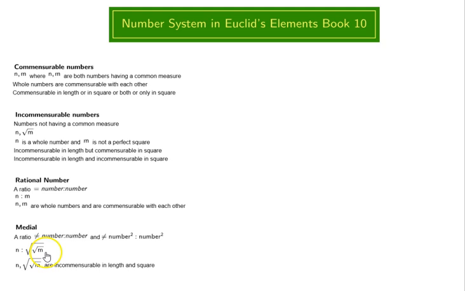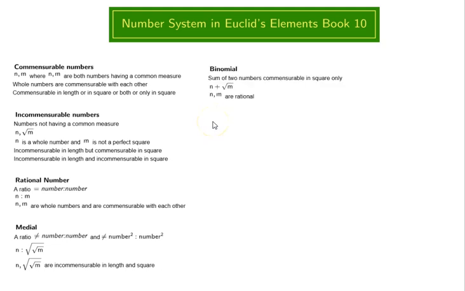So n is to square root m cannot be written as a ratio of number to number. Similarly, even if we square them so that it becomes n square is to root m, even then they are not commensurable. So here n and root m are incommensurable in length and in square also.